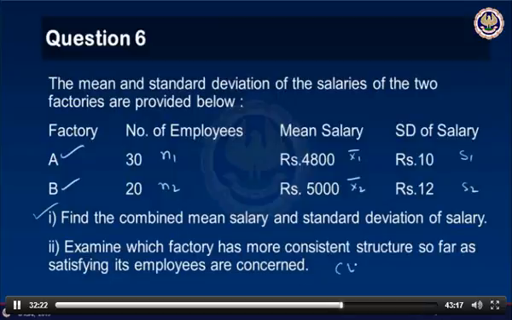Here the CV is computed by comparing the two data sets separately, the CV of factory A and the CV of factory B, which is the standard deviation by mean into 100. Whichever is less, that data is more consistent. Now let us see in the next slide how we can compute this.